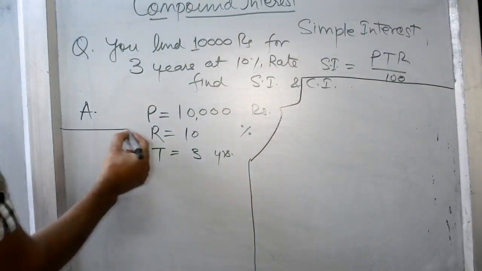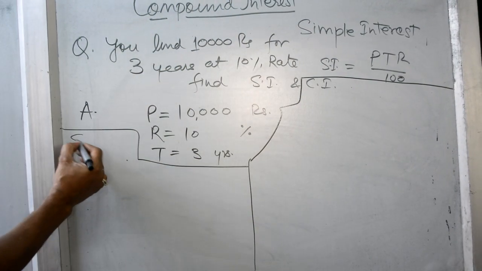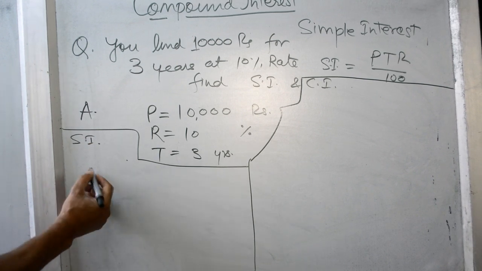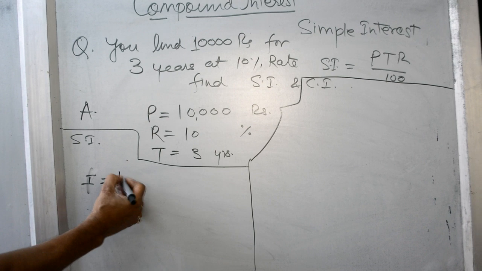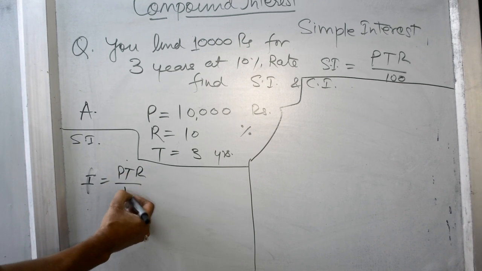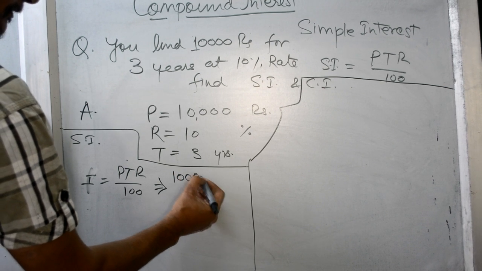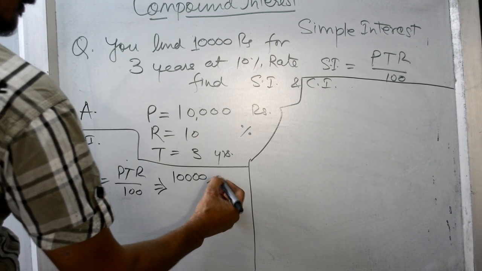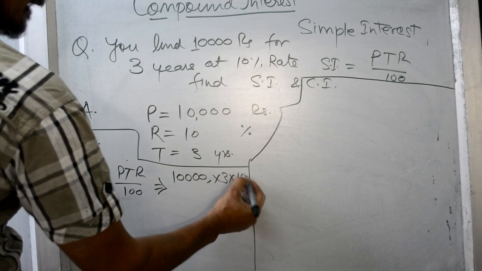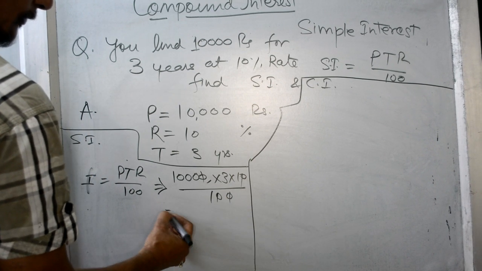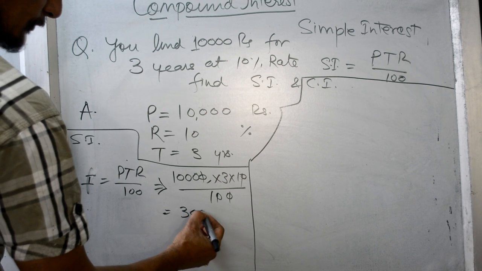This is the part for simple interest. Simple interest is equal to PTR upon 100. Place the values: principal is 10,000 into time is 3 years, rate is 10% upon 100, 10 I am removing, 1000 into 3 is equal to 3000 rupees.